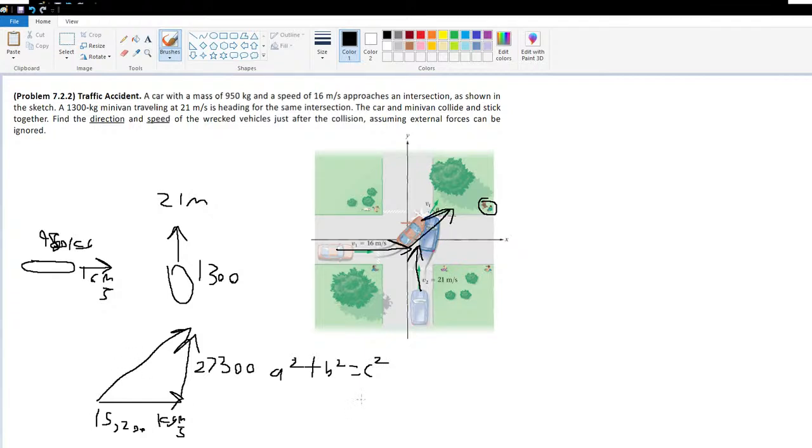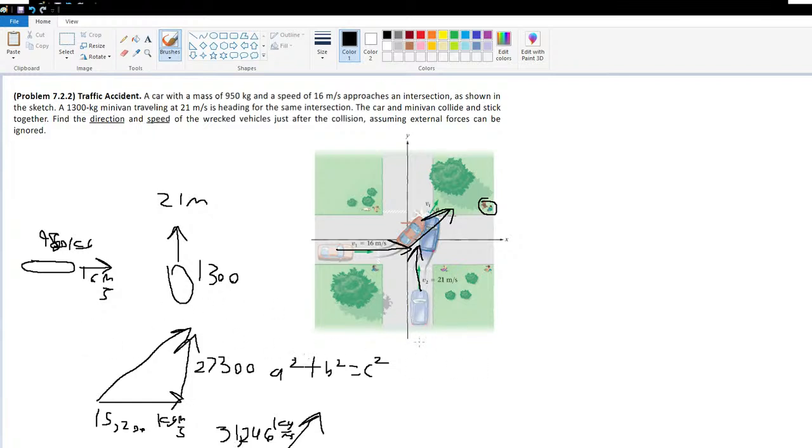So 15,200 squared plus 23,300 squared is a big number, and then you take the square root of that, and that gives you that our resulting momentum is 31,246 kilogram meters per second. That's the wrong unit, but whatever, you get the idea.